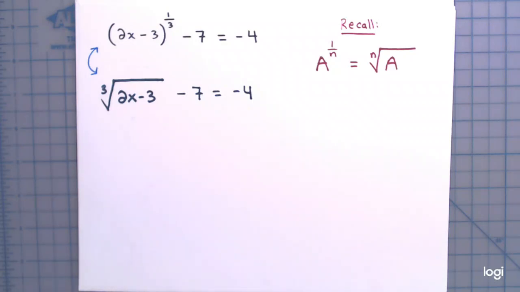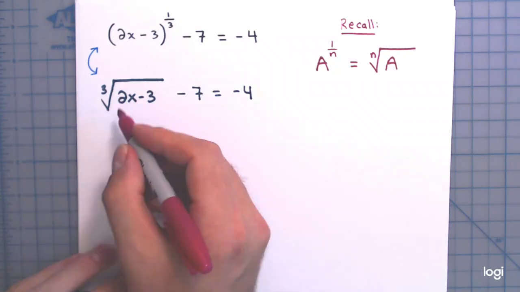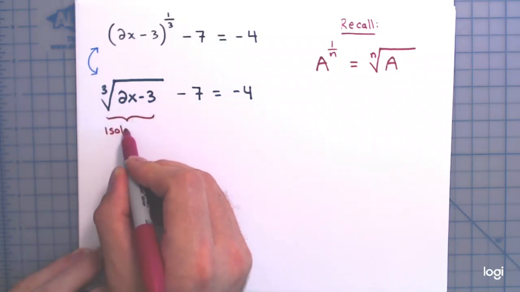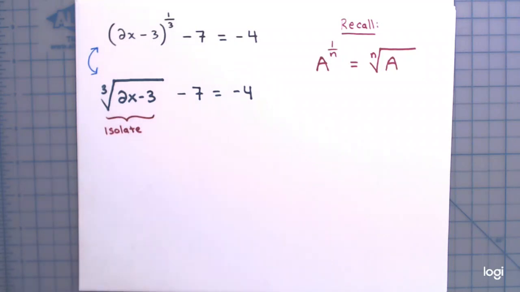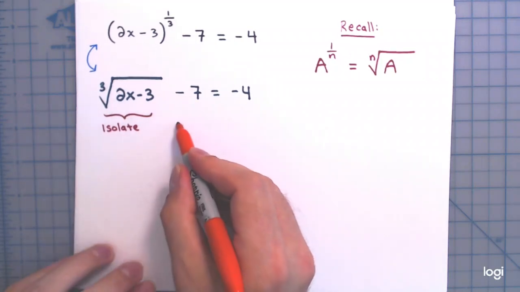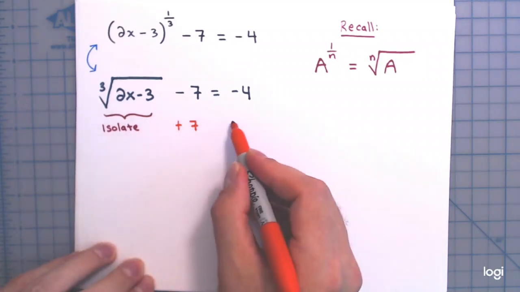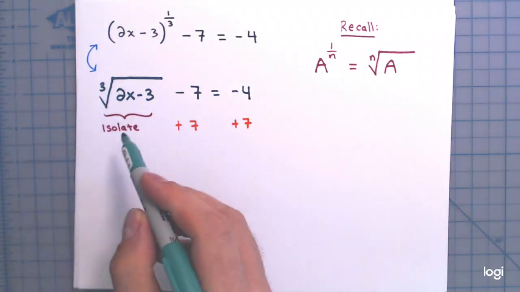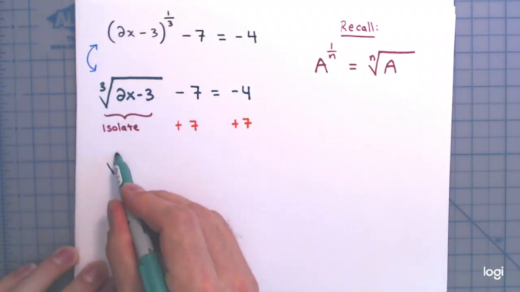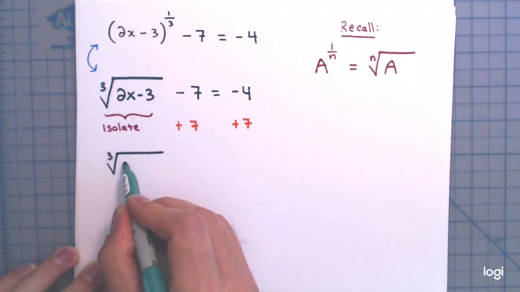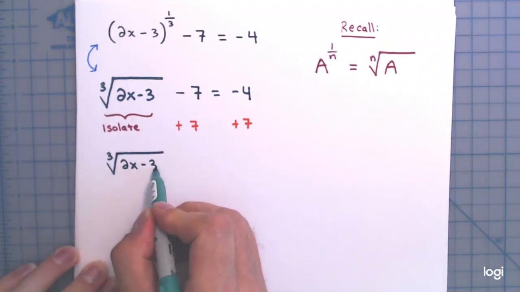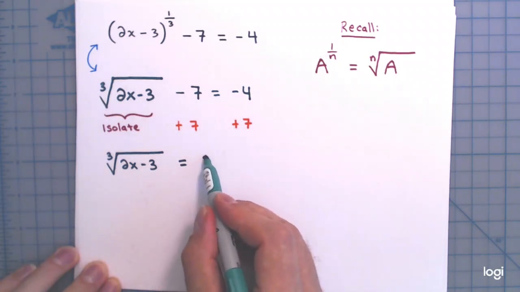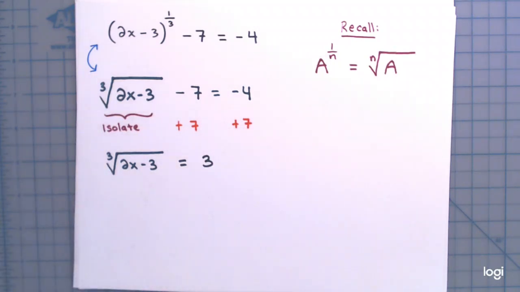And then now it's no different than the last several examples I've done this whole video. First I would like to isolate the radical. So I'll be doing that by adding 7 to both sides, leaving me with the cube root of 2x minus 3 on the left, equals, and then -4 plus 7, +3 on the right.